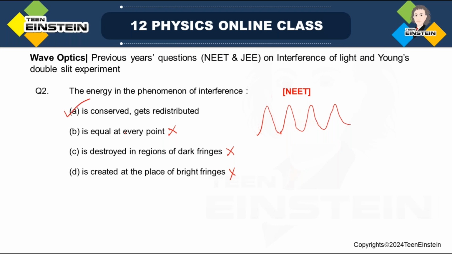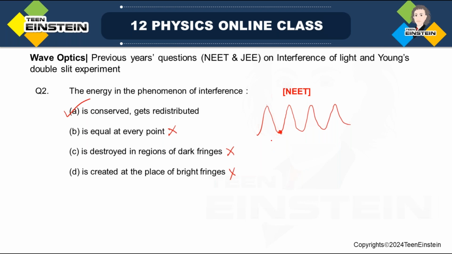We have already discussed this in the previous class. So the energy conservation law is satisfied by this interference phenomenon, because the energy from the dark region is transferred to the bright region. So the energy gets transferred, or redistributed.